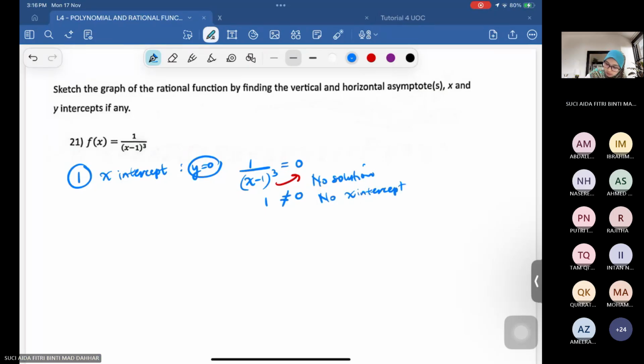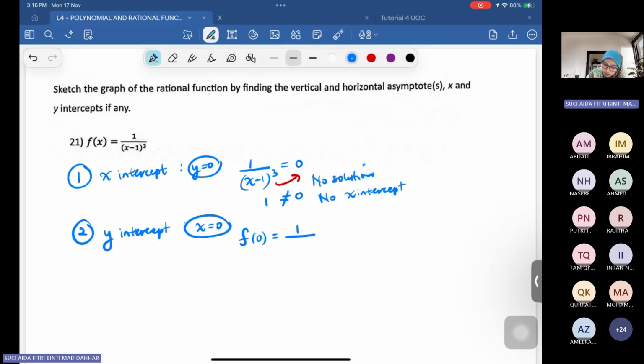Next. Step number 2 is getting your y-intercept. We can get the y-intercept by taking x equals 0. So our f(0) will become 1 over (0 minus 1) cubed. That is 1 over negative 1 cubed, which is negative 1, yeah? Careful.